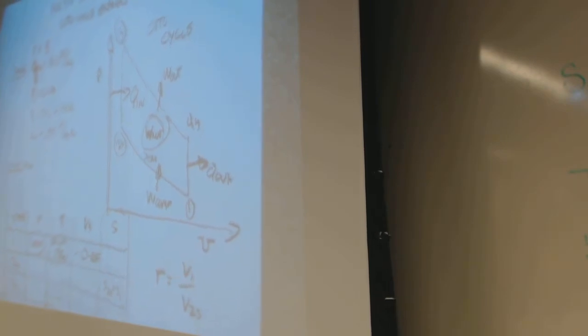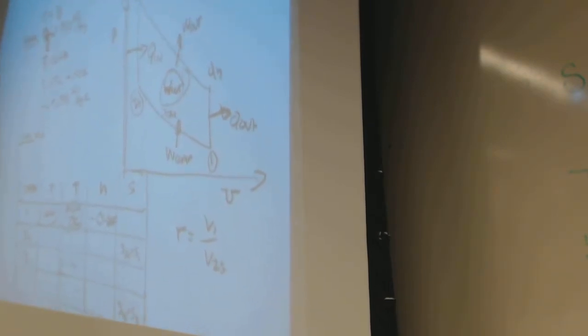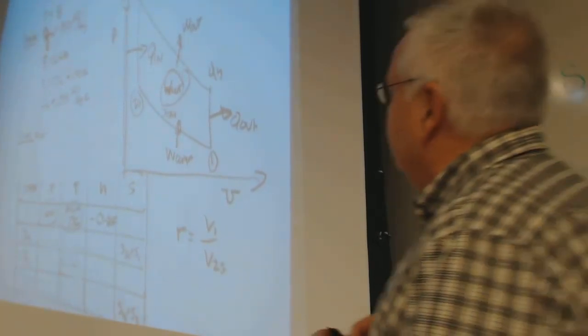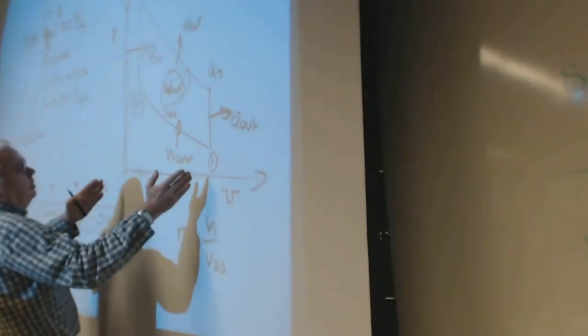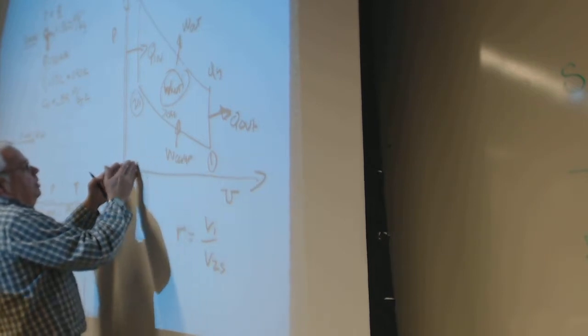So let's see what that amounts to. Where's my button? I started setting up the problem earlier when we were walking through this. In this problem, they told us we have a compression ratio of 8. Now again, compression ratio is about volume, not about pressure.